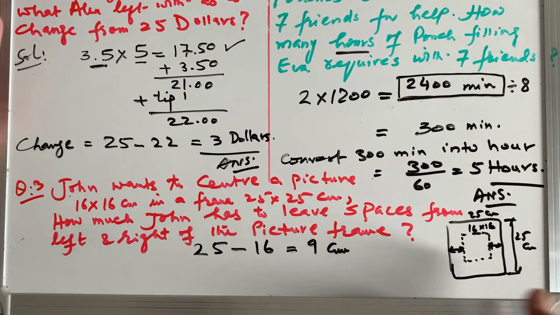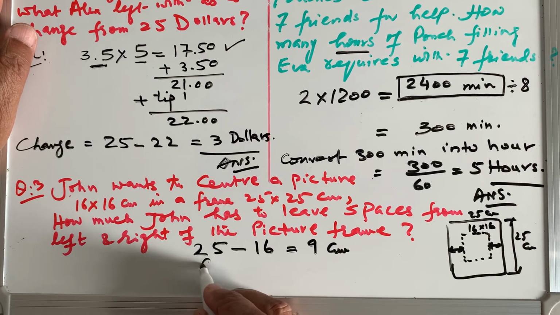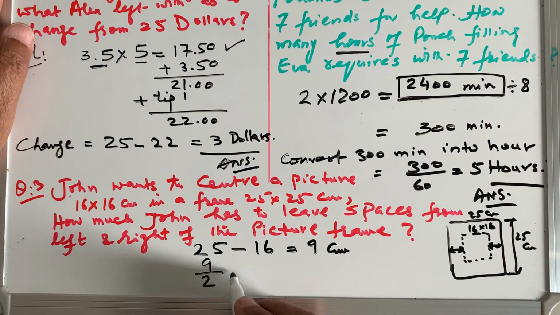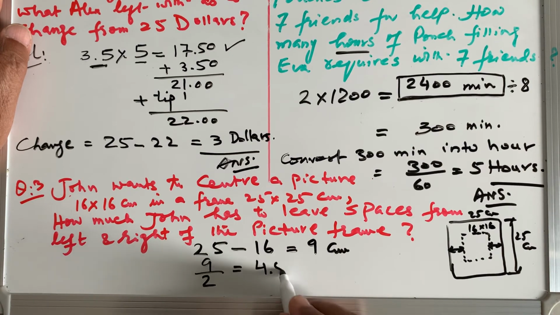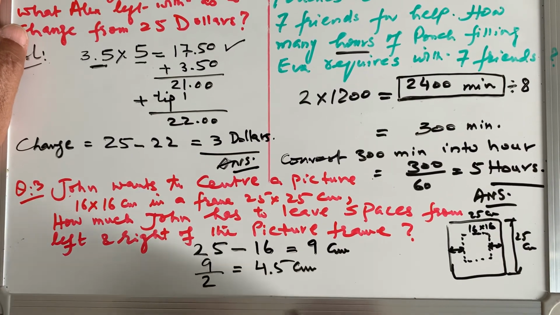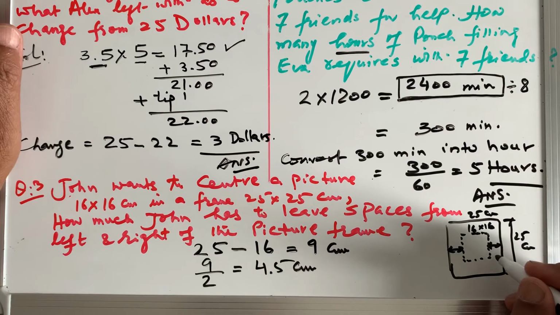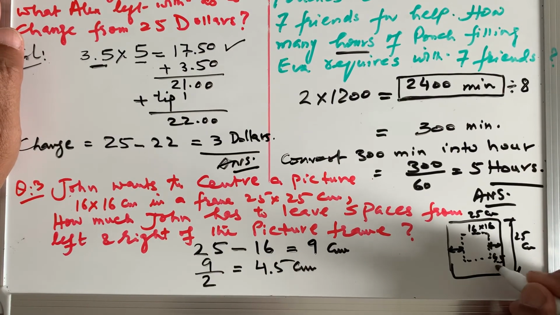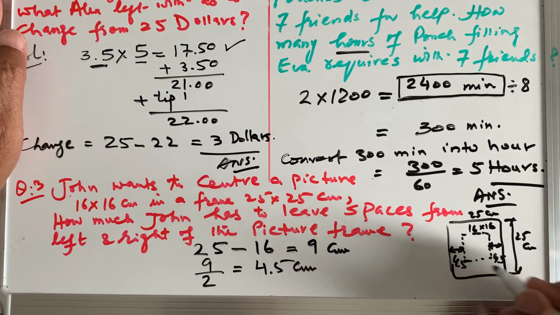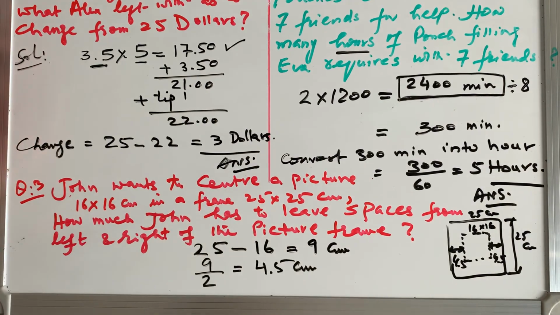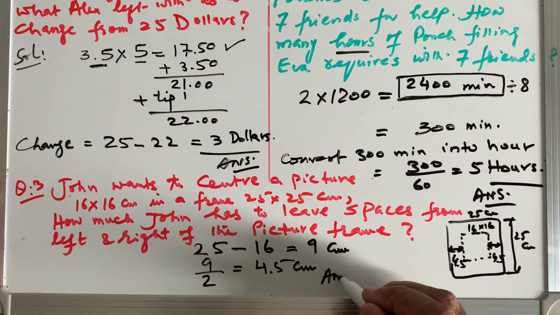You have to divide it between left and right. So you can divide this 9 centimeter in 2 pieces, so you leave 4.5 centimeter to the right and 4.5 centimeter to the left, which added up is 9 centimeter, and then your picture will be centered in the frame.